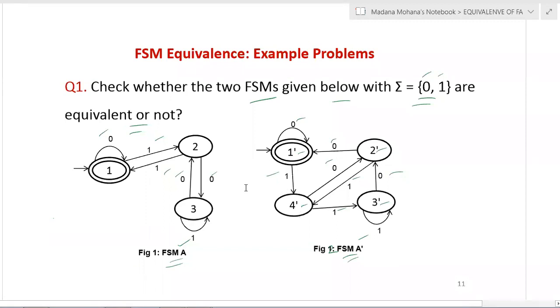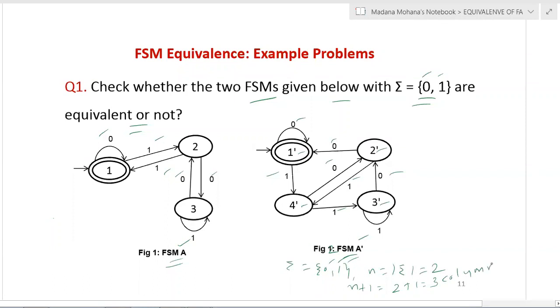In the comparison table, as per the algorithm, how many columns do we have to take? Here sigma equals 0, 1 is given. So n equals mod sigma, that is, how many inputs it contains: 2. Therefore the comparison table contains n plus 1, equal to 2 plus 1, equal to 3 columns.